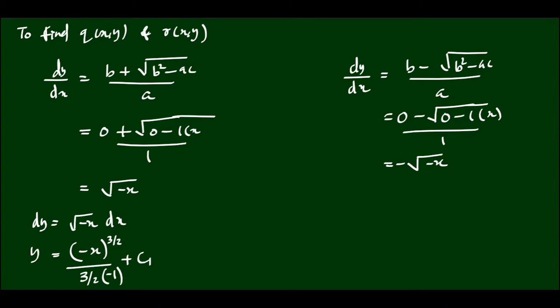Multiplying by 3/2 and rearranging the terms, we get (3/2)y + (−x)^(3/2) = c, where c is 3/2 times c1.